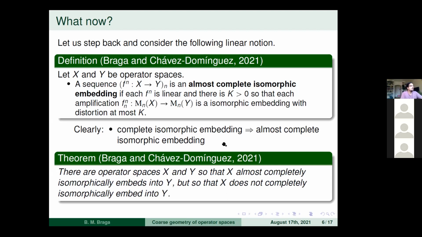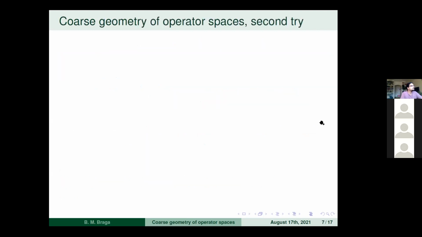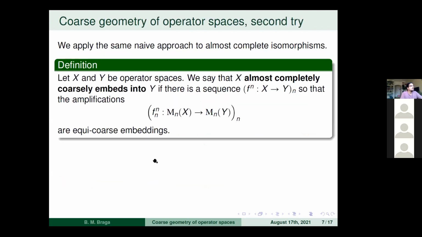Our plan then is to proceed just as we did in the previous slide, to write the natural coarse version of this statement instead of complete isomorphic embeddability, and then see if this is going to lead us somewhere. So this is what we have here. We say that X almost completely coarsely embeds into Y if, again, we don't want a single map F to Y which is a coarse embedding with all the amplifications being coarse embeddings in an equi way.